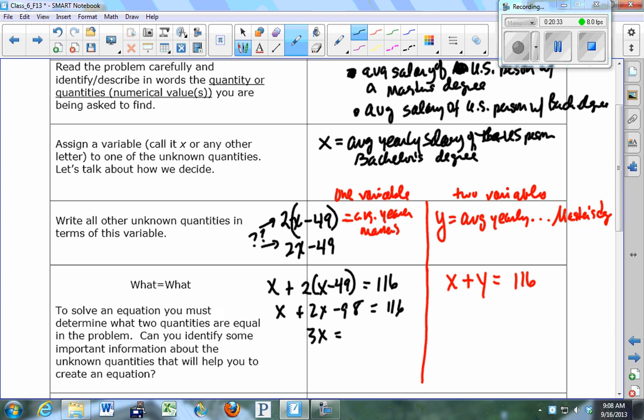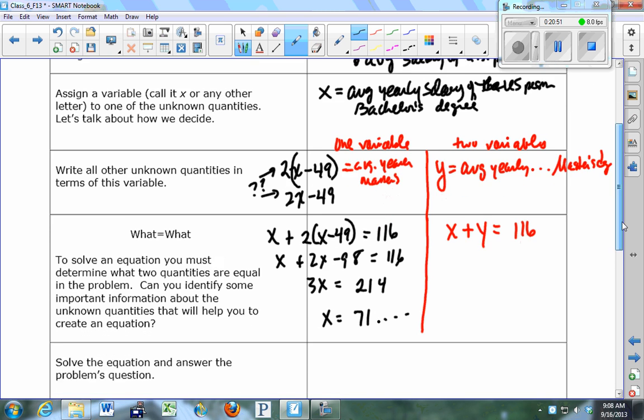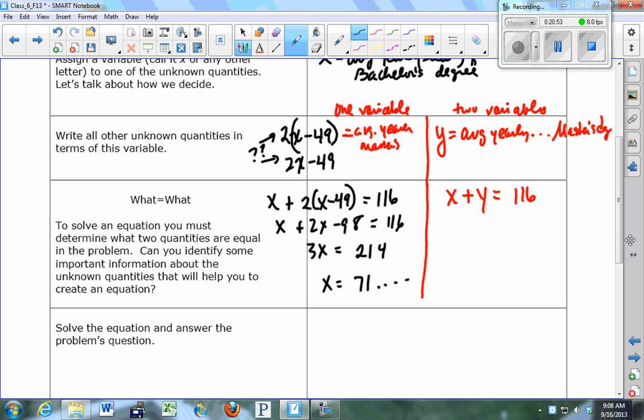If you add 98 to that, and if you divide 214 by 3, what do we get? 71 point something for your bachelor's. That seems a little high, right? So let's try the other way.